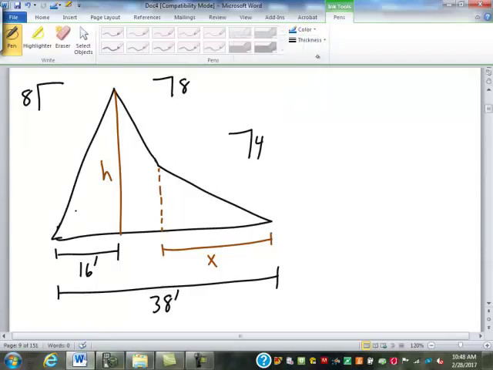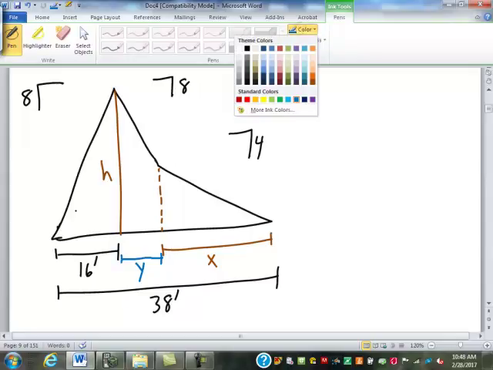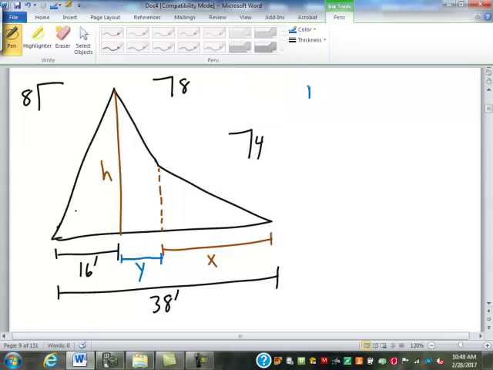Now, what I'm going to do to make this easier is I am going to define a dimension y, even though it wasn't given, because this now allows me to make an equation that says x plus y plus 16 equals 38.